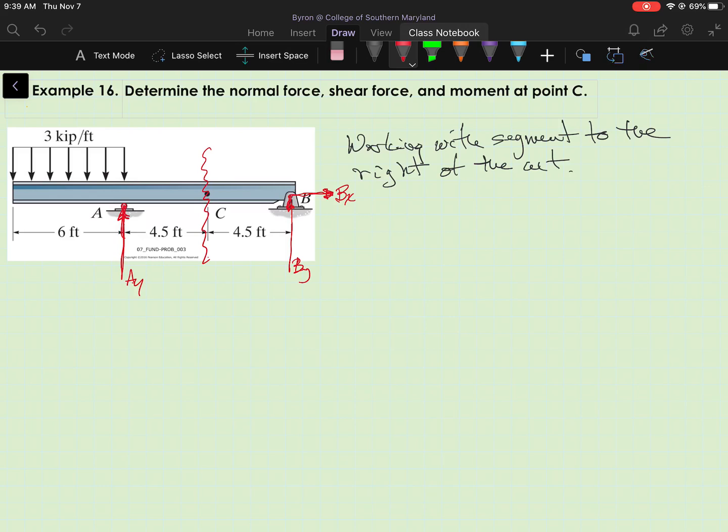Now, at this point, we should be able to see that that's going to be 0, and in a lot of these beam problems, everything's just acting in the vertical direction. But we'll put it there and write the equation of equilibrium in the x direction to show that. And then for the distributed load of 3 kips per foot, rectangular distribution, I'm going to show a resultant force, an equivalent force of 3 times 6 is 18 kips.